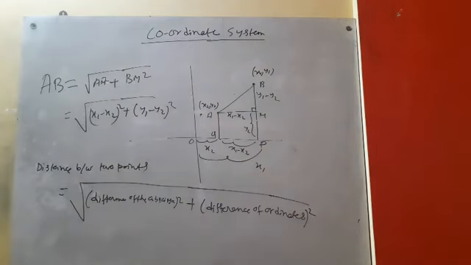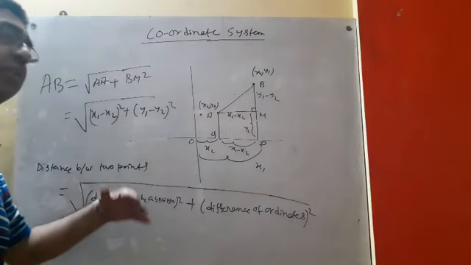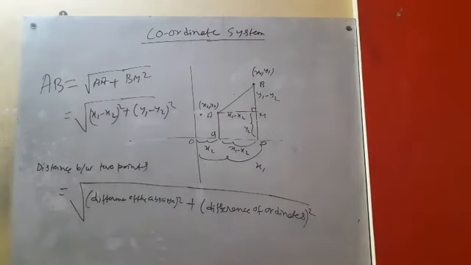The distance between 2 points is root over the difference of the abscissa whole square plus the difference of ordinates whole square. This is the formula for finding the distance between 2 points which are not on the x-axis or y-axis. Actually, this formula is for any point. Whether it is on the x-axis, y-axis or any arbitrary point, we can use this formula.